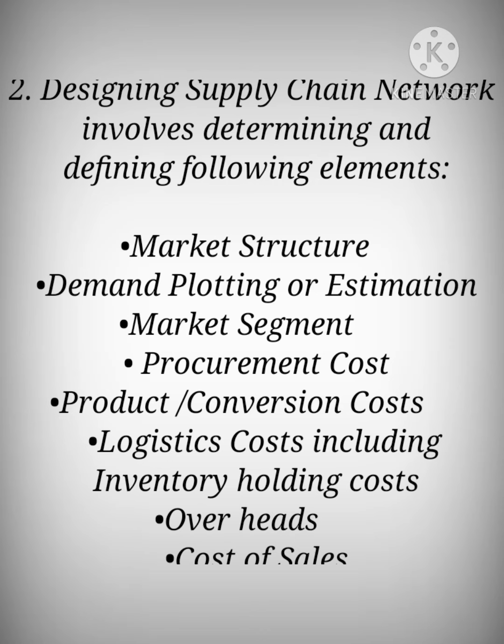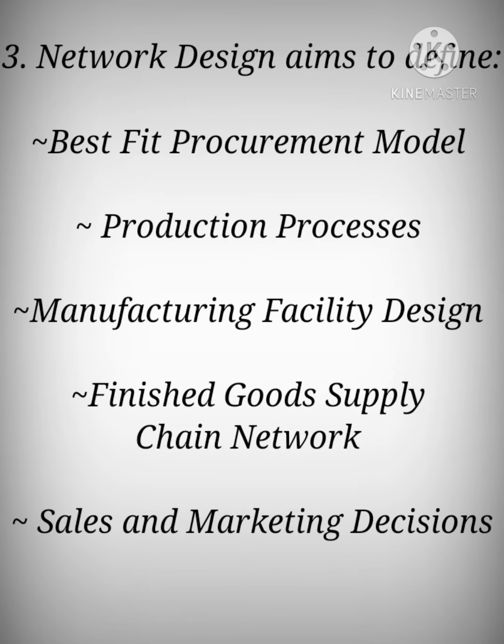So the second factor means supply chain network design, also known as strategic supply chain planning, is the process of building and modeling the supply chain to understand the cost and time to bring goods and services to market with an organization's available resources.